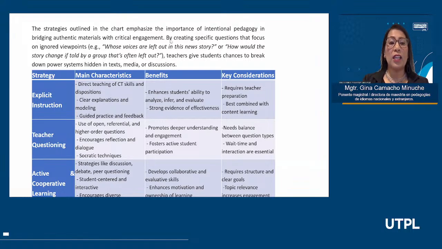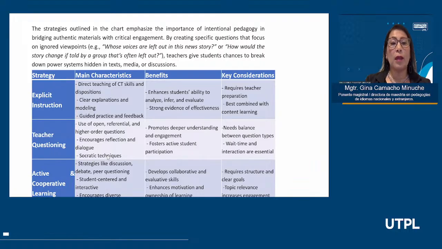The other strategy is teacher questioning. Use open, referential, and higher order questions. Go from simple questions to complex ones. Encourage your students to reflect on what they have read. You can also use some Socratic techniques.